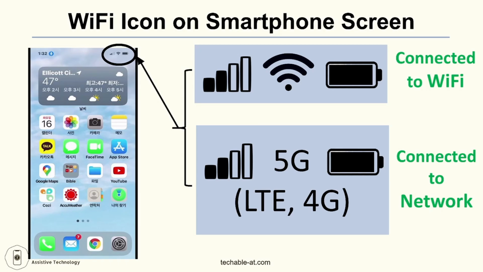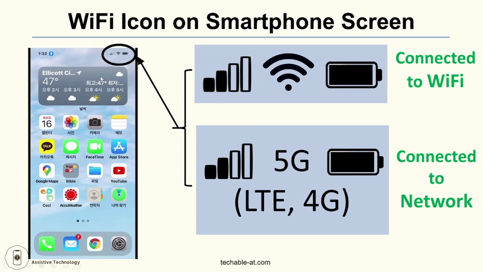Before you learn how to connect your smartphone to a Wi-Fi or to a router, you need to know if your smartphone is currently connected to a mobile carrier network or a local router, a Wi-Fi. The way you can check this is with the icons at the upper right corner of your phone.